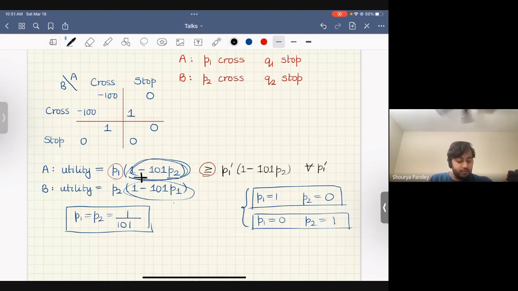For this equilibrium, the sum is 0. For this equilibrium, the sum is 1, and for this also the sum is 1. So in some sense, this is better for the overall utility of all players, right? But all these three are Nash equilibria.